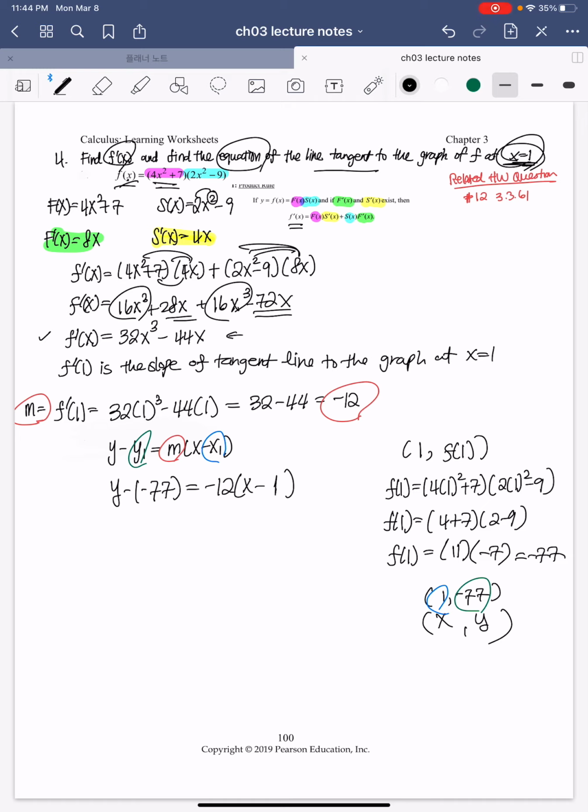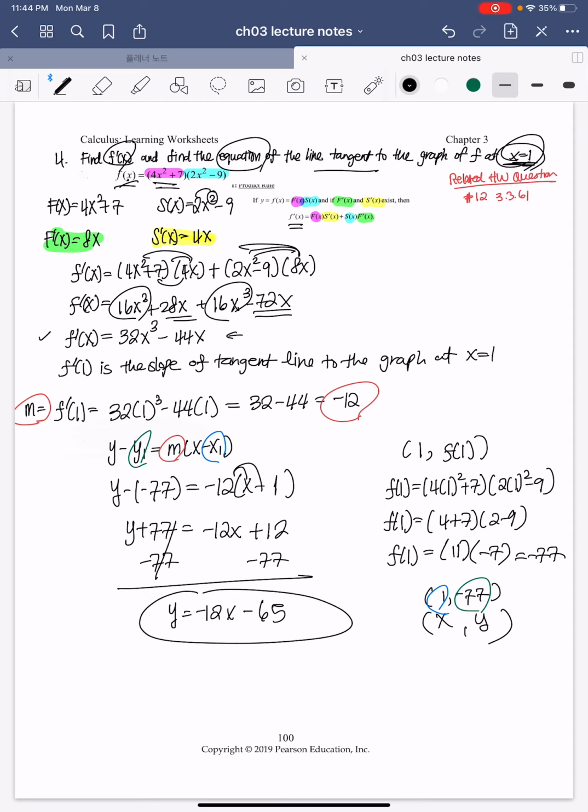Two negatives make a positive, so y plus 77 equals negative 12x plus 12. Mx plus b is normally what we want for the equation of a line. So there's your negative 12x, and negative 77 plus 12 gives me negative 65. So there's my equation of a tangent line.